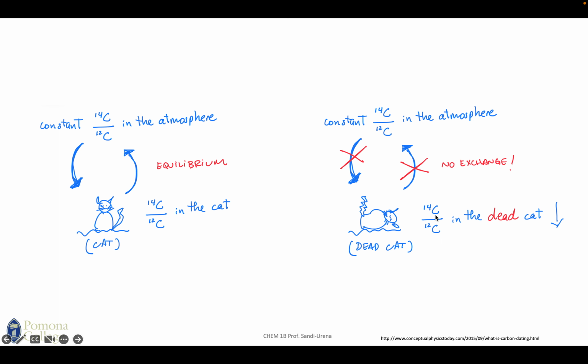But the carbon-14 in the dead cat will decay. So what's going to happen to this ratio? The ratio is going to get smaller, and the longer the time, the smaller that ratio. And we can use that to tell when the poor thing died. We may not be able to tell who killed the cat. That's for the next chapter. But we can tell when it died.